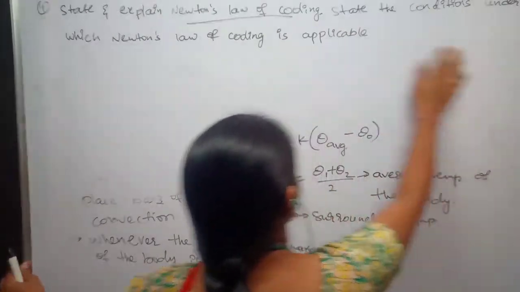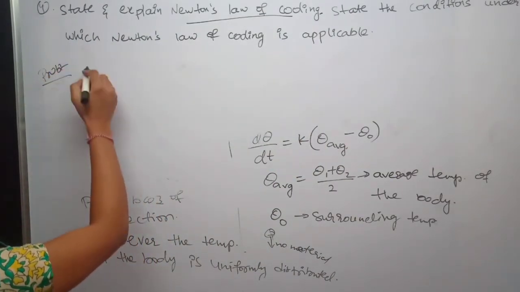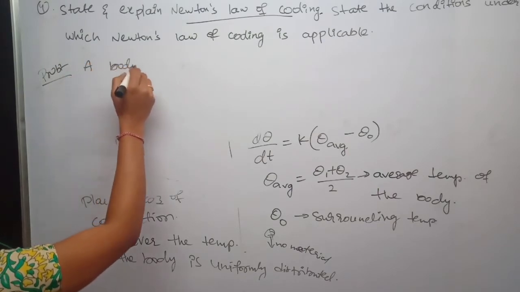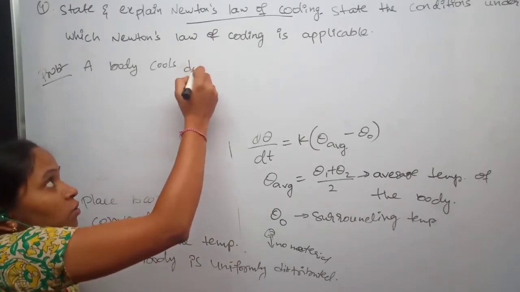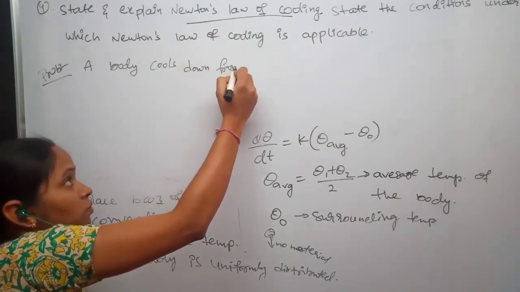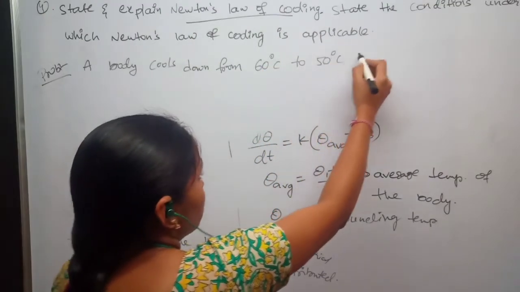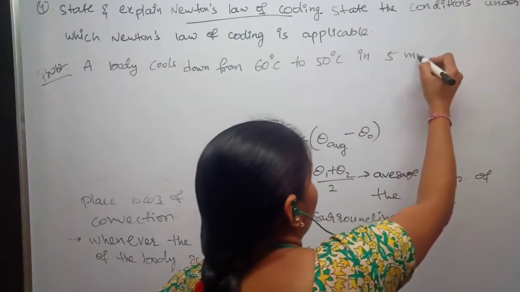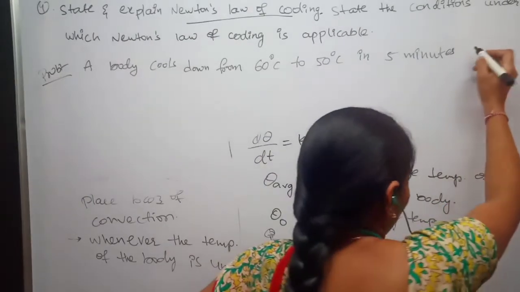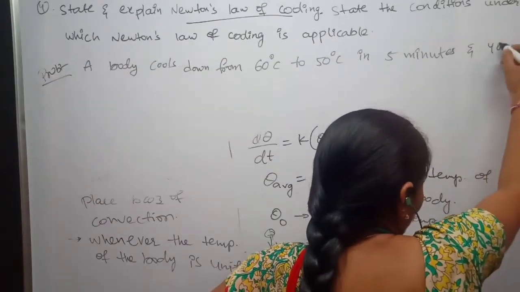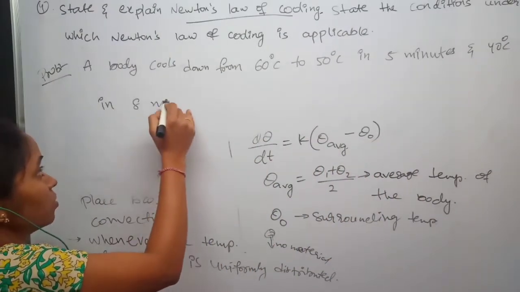Write the problem. A body cools down from 60 degrees Celsius to 50 degrees Celsius in 5 minutes, and to 40 degrees Celsius in 8 minutes.